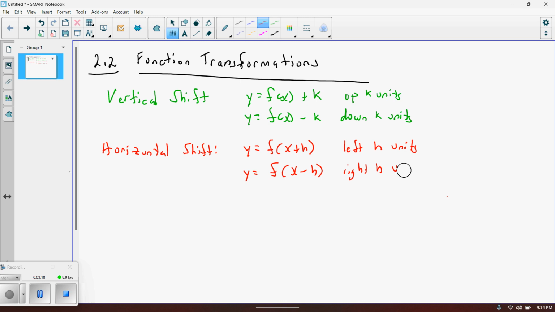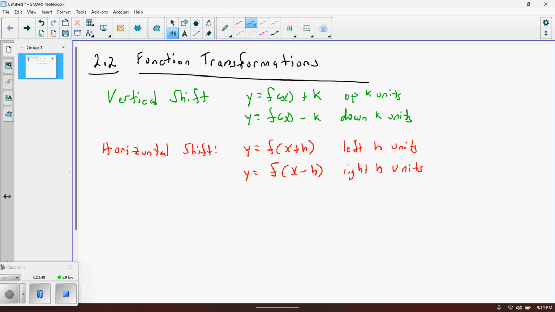And the general idea behind that is, what would you have to plug in for your x to make the inside of that 0? And again, when we do an actual example, you'll hopefully see it. Those are probably the two most common, by the way.